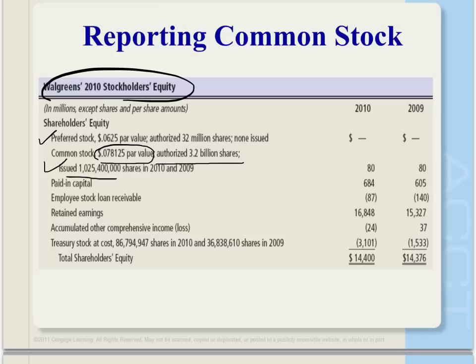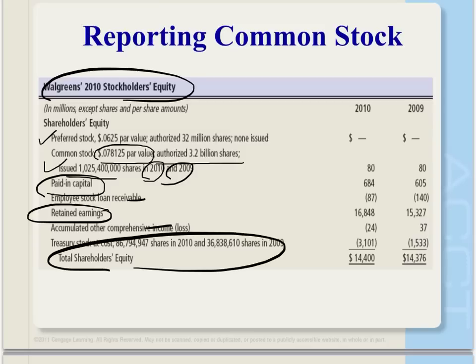It issued 1 billion in 2010 and 2009. Here's our APIC account, and here's our retained earnings. You don't have to worry about some of these others. We will talk about treasury stock later as well. So this is what a possible stockholders' equity section could look like on your balance sheet.